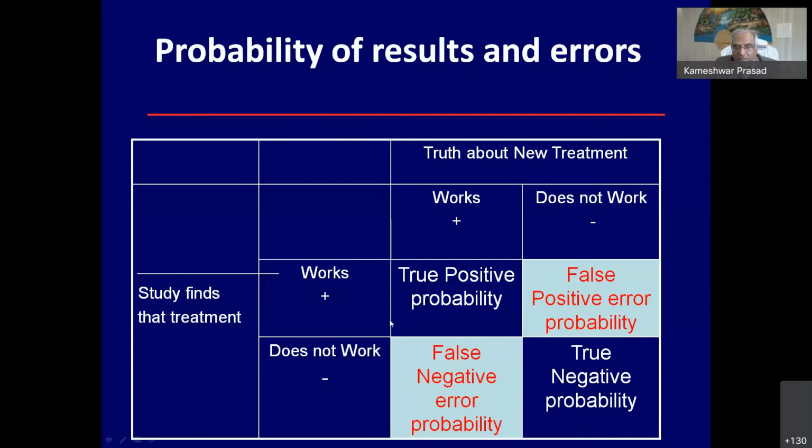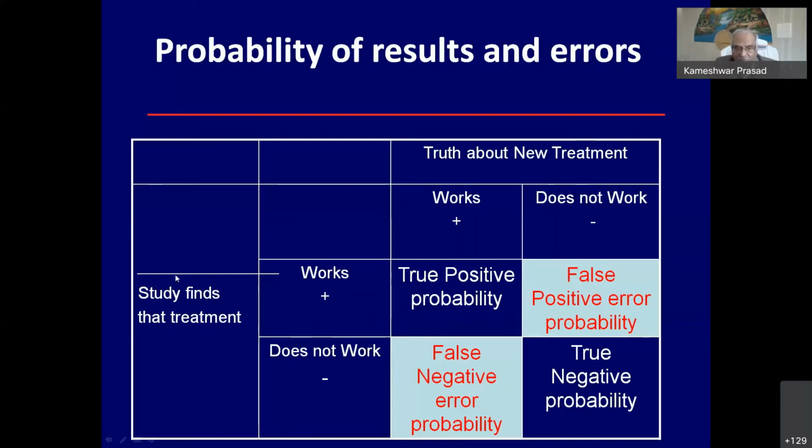So what is false positive error probability? It is the probability that your study shows that the treatment works, which means it rejects the null hypothesis, whereas in fact the treatment doesn't work, which means it doesn't make any difference. The null hypothesis is true; it doesn't make any difference.